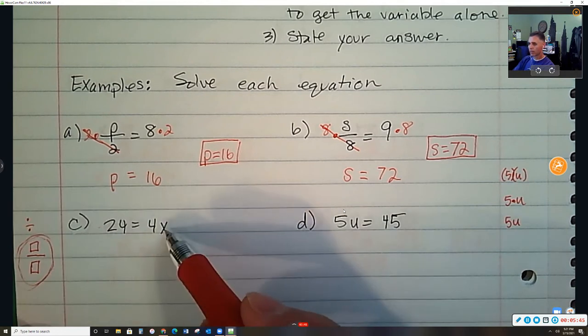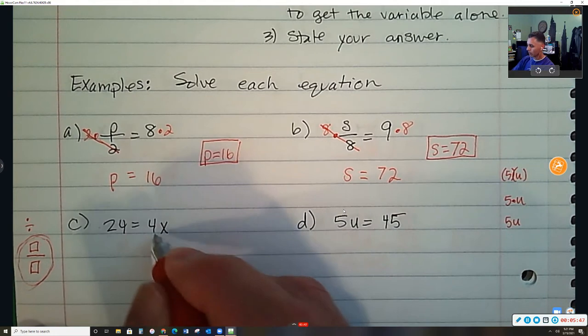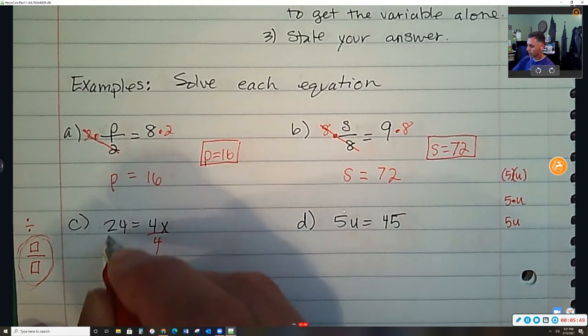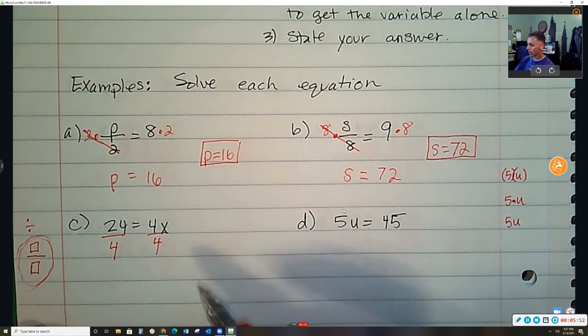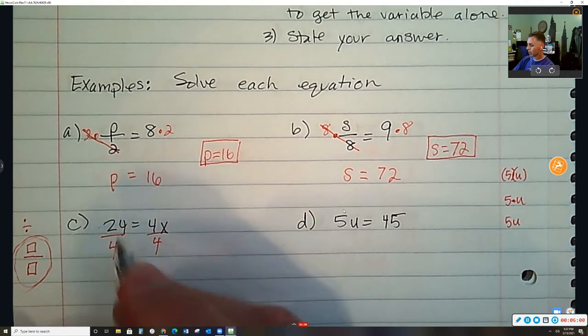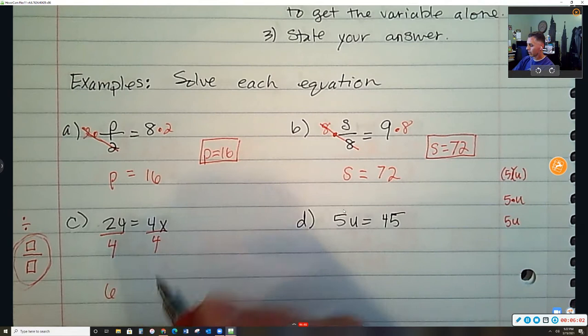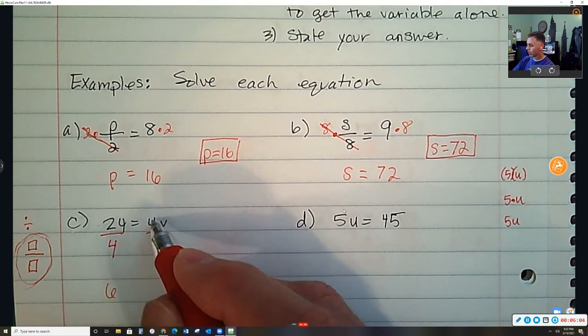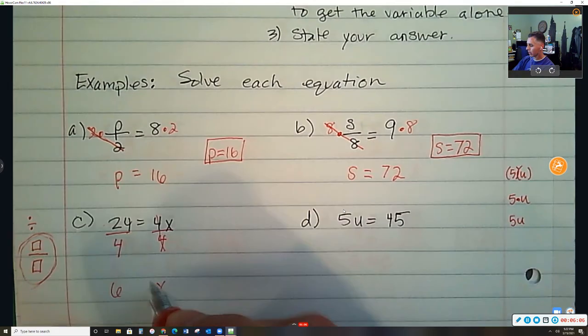So 4 times x, the inverse is division. So I'm going to divide both sides by 4. Again, you have to realize this means division. It looks like a fraction, but it actually means 24 divided by 4. So 24 divided by 4 is 6. 4 divided by 4 is 1, and that's x.